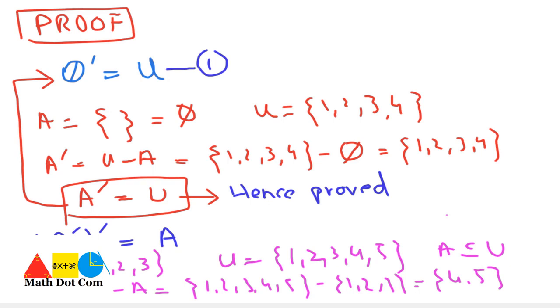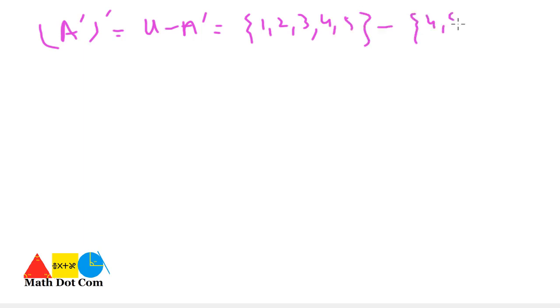Then we will again take the complement of A complement. The complement of the complement will give you U minus A complement, which is 1, 2, 3, 4, 5 minus A complement, which was 4 and 5, and the answer will be 1, 2 and 3.